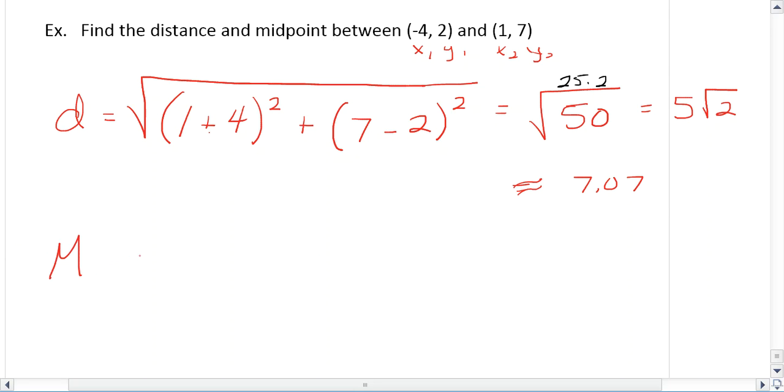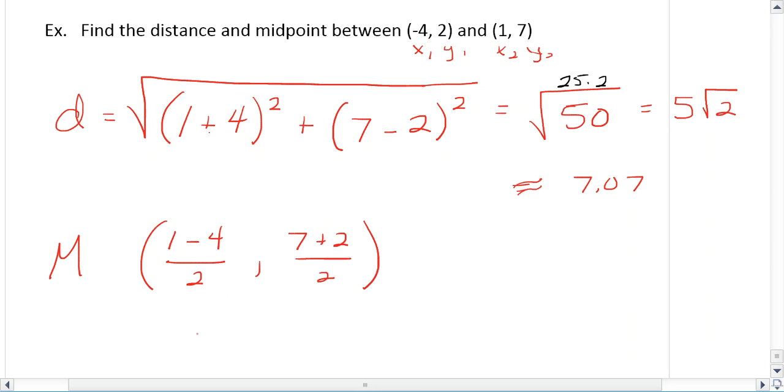The second thing we're asked to find is the midpoint. I think of it as the average between the x's to get the x coordinate, and the average between the y's to get the y coordinate. So I'm just going to take the two x's, 1 plus a -4, or 1 minus 4, over 2, that's my x coordinate, and then I have 7 plus 2 over 2 for my y coordinate.